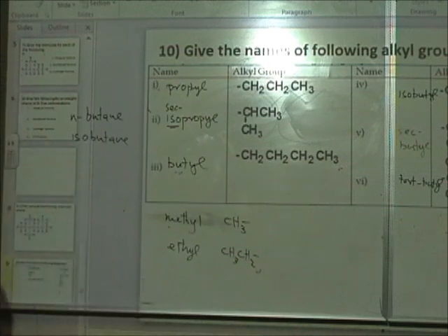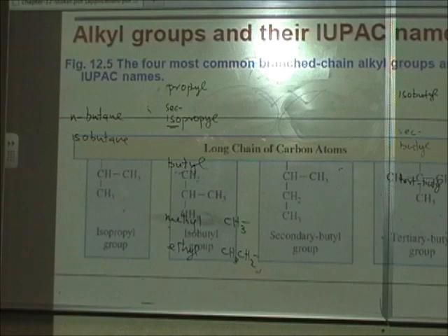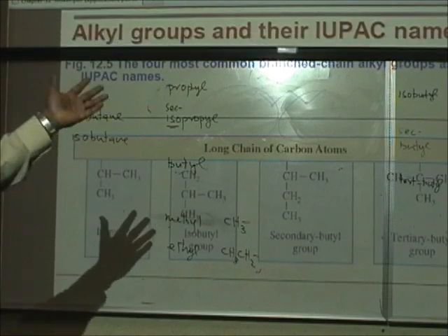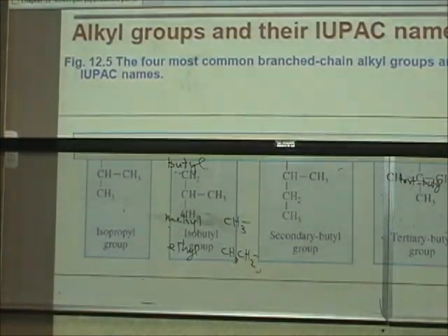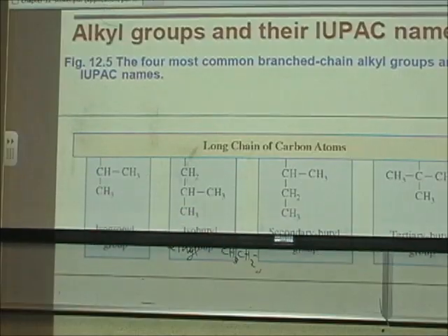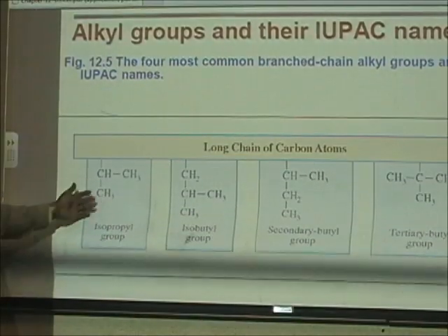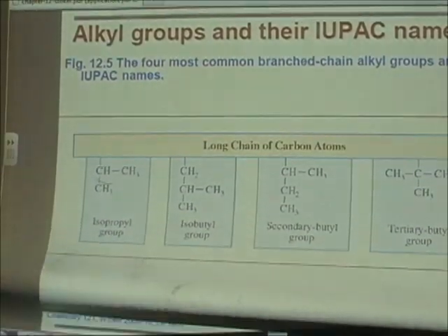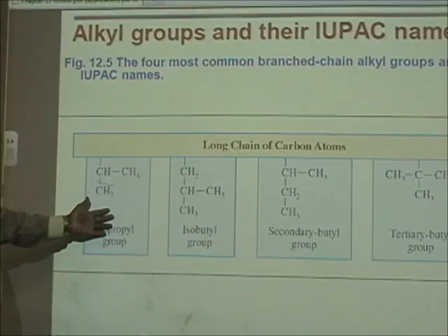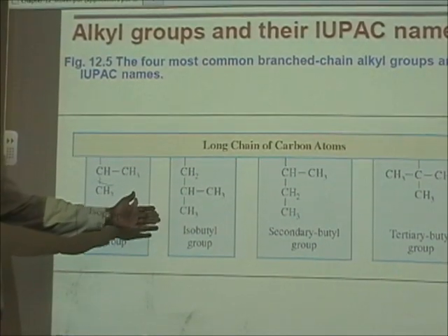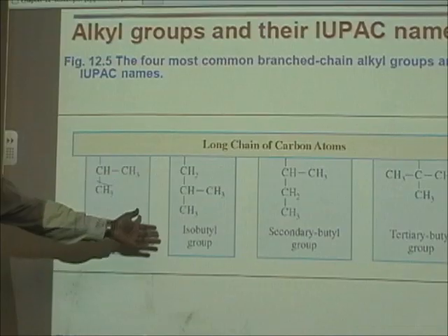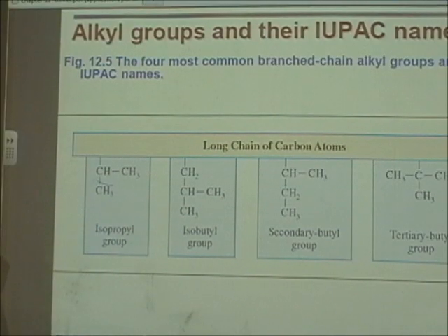Okay, let me pull it down. Now, in the book, they identify different alkyl groups here. Now, this is isopropyl. This one is isobutyl. Did I call it isobutyl?